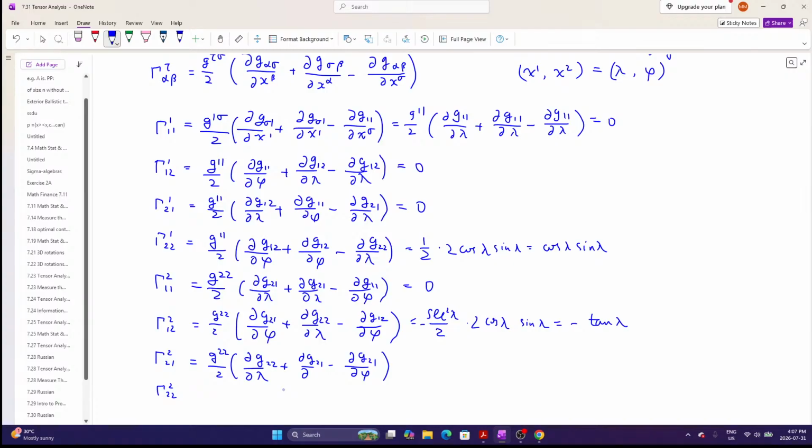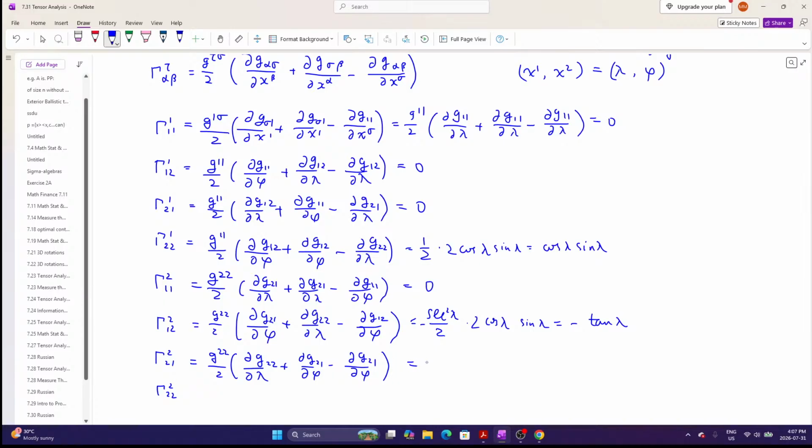And the second one would be dg21 over dx2, which is phi. All right, so you still have one non-zero term.